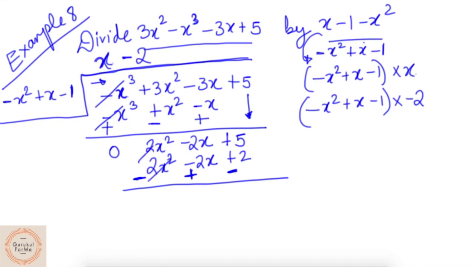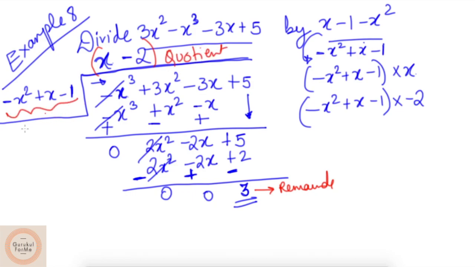So this becomes 0, this becomes 0, and this becomes 3. 3 as the remainder, x minus 2 as the quotient, this as the divisor, and this whole thing as the dividend.